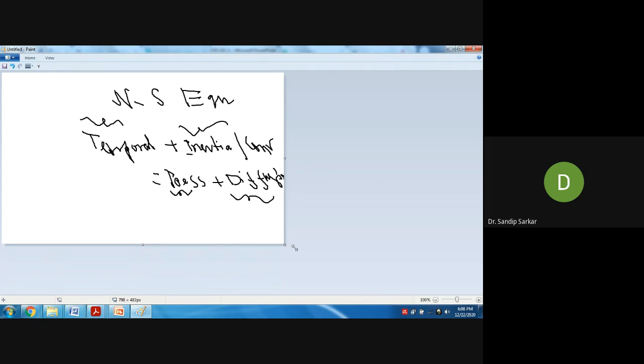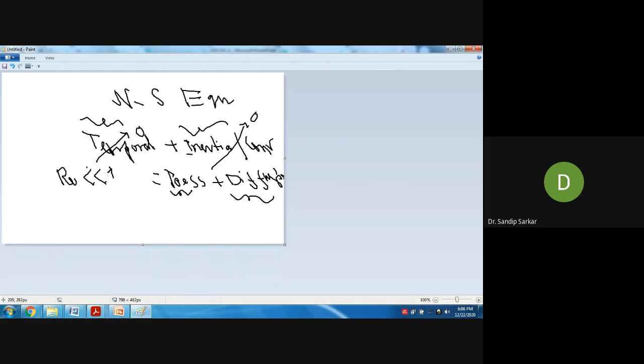For low Reynolds number flow, since the flow is steady, your temporal term is 0 and your inertia term is neglected, when the Reynolds number is very, very small.